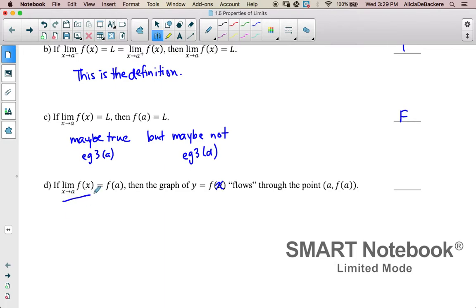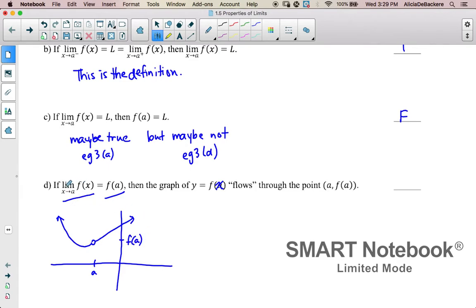So if the limit exists and it's the same as the value of the point, then the graph will flow through the point. So what we've got here is, let's say this is a picture of my function, and this is my a value, and then this is my f at a.